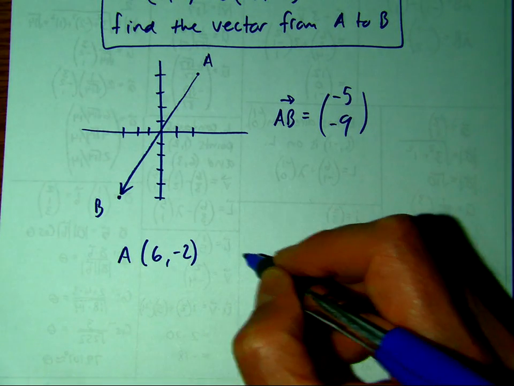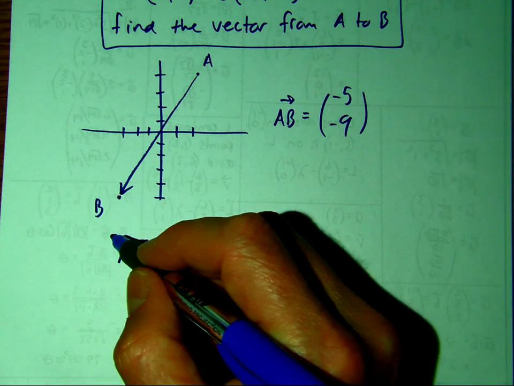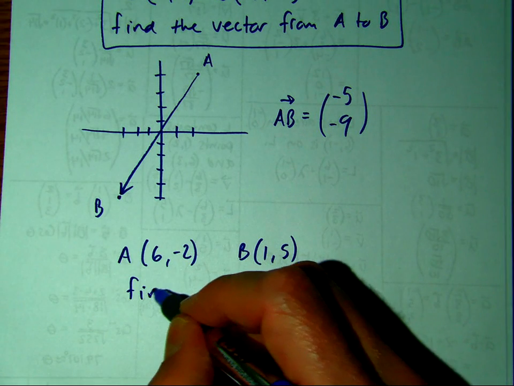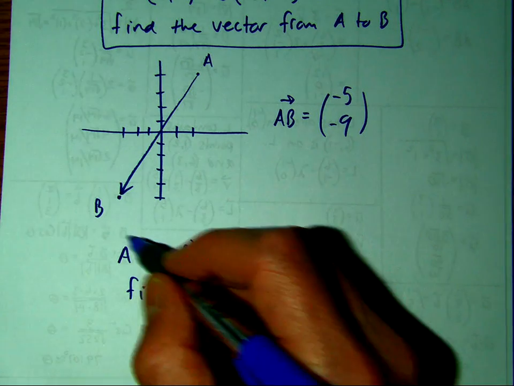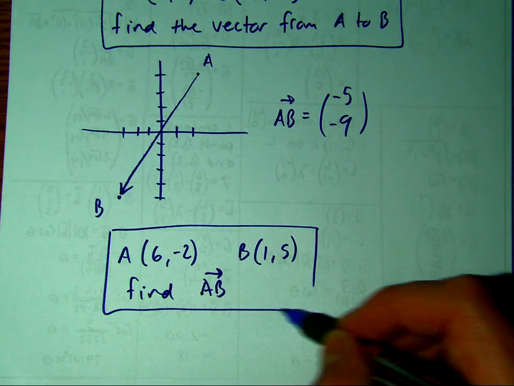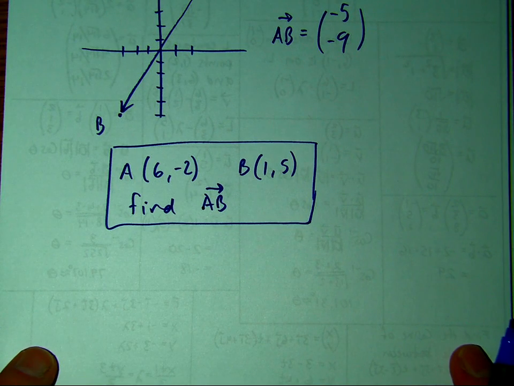Here's a point A and a point B. Find the vector AB. Pause the video and try that one.